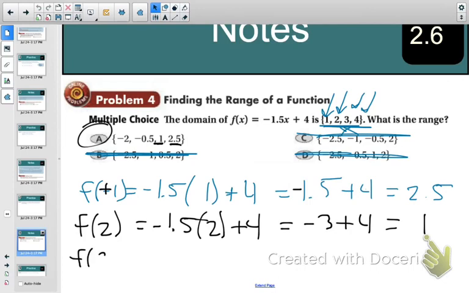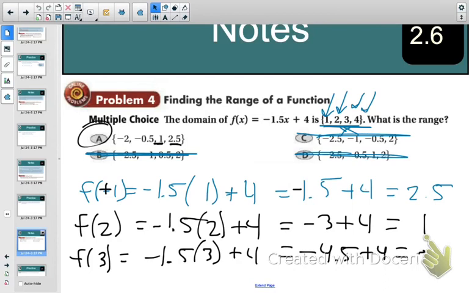If I plug in 3, negative 1.5 times 3 plus 4, that gives us negative 4.5 plus 4, which is negative 0.5. And that's that one. And then the next one, f of 4, is going to give us a negative 2, if we went through and did all the math again. So that is your range values. So that's all your y values for these x's right here.